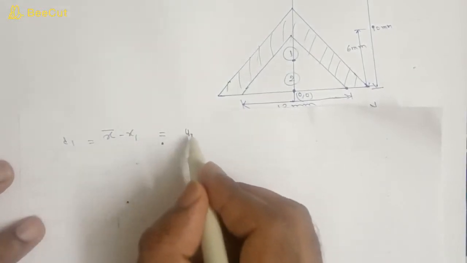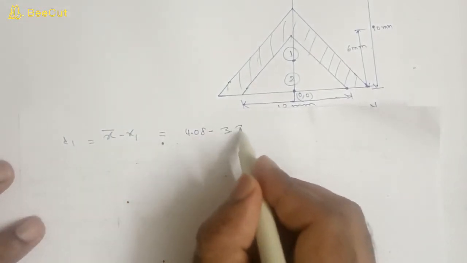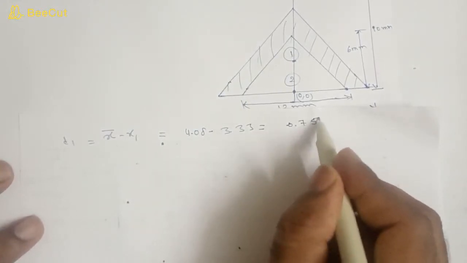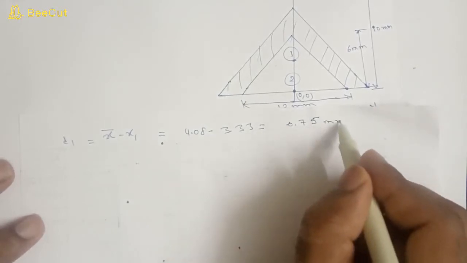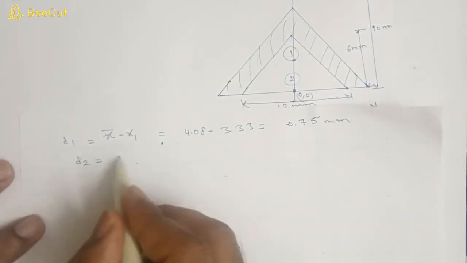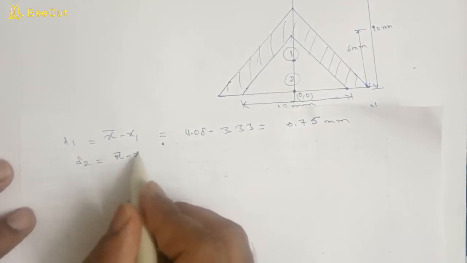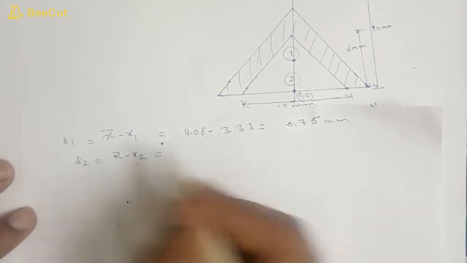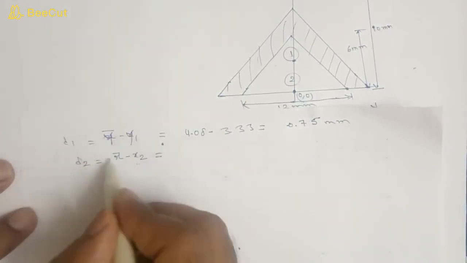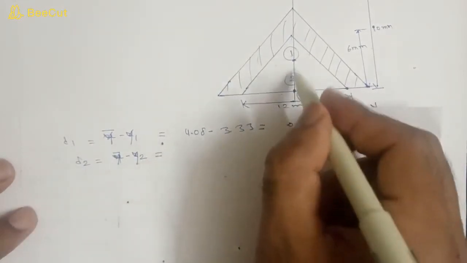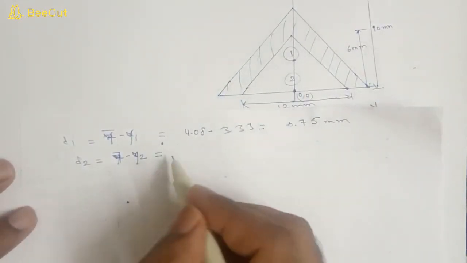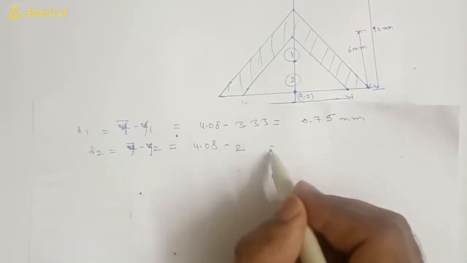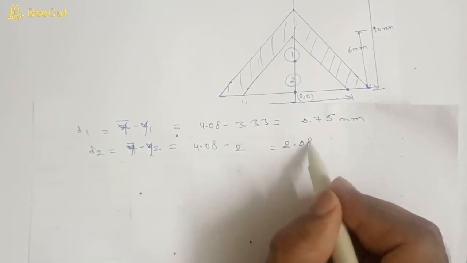So we will get 4.08 minus 3.33, which is 0.75 mm. And d2 is y bar minus y2, because we are calculating distance along the y-axis. So it will be 4.08 minus 2, and we will get 2.08 mm.